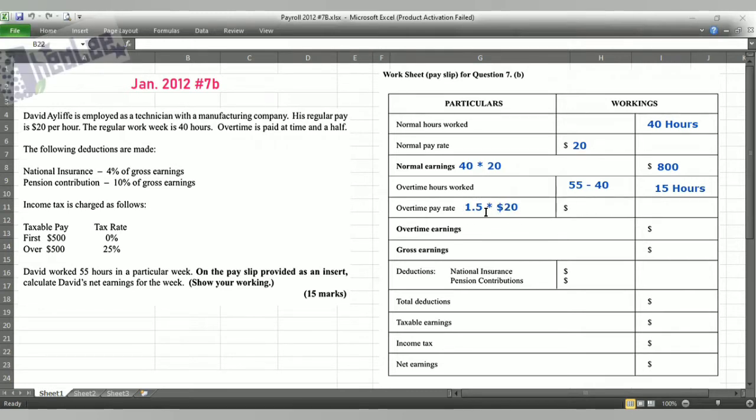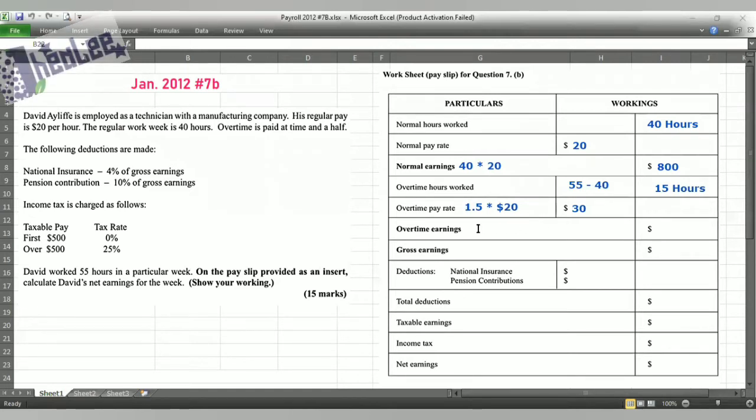So 1.5 times $20 gives us a value of $30. So the person is getting the regular pay rate plus half of that value. Some employers may pay double the amount, but in this case, it is time and a half, which is 1.5 times the normal pay rate. So the overtime pay rate is $30.